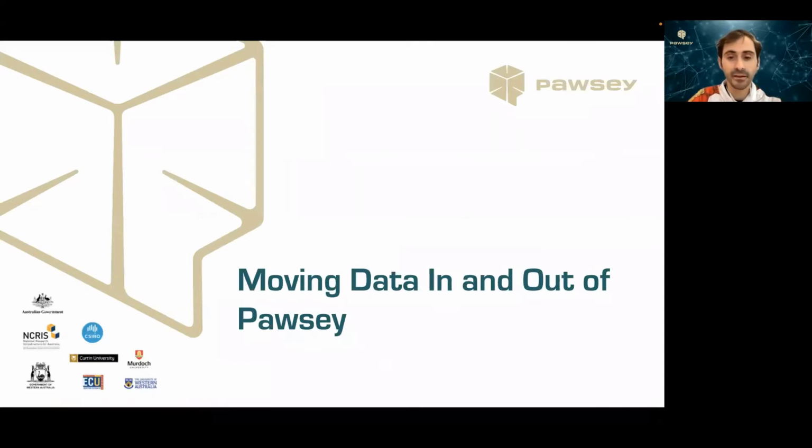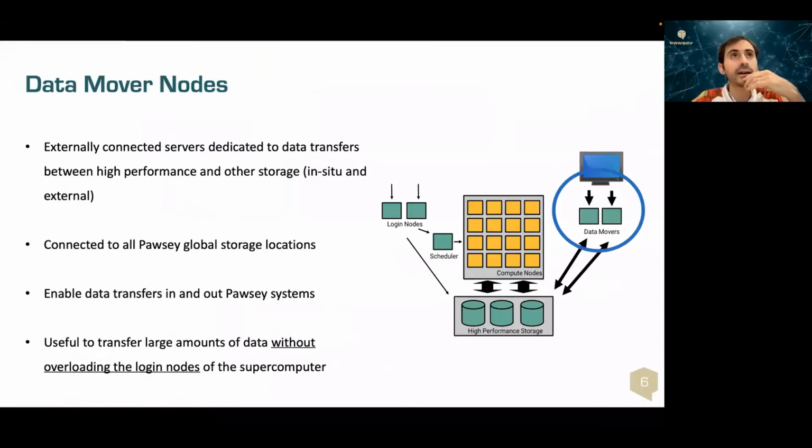Okay. So in the previous module, we talked about file systems available at Pawsey for storing data during various stages of the workflow. In this module, we're going to see how to actually bring data in and out of Pawsey from your own computers. A key player in this space are the data mover nodes.